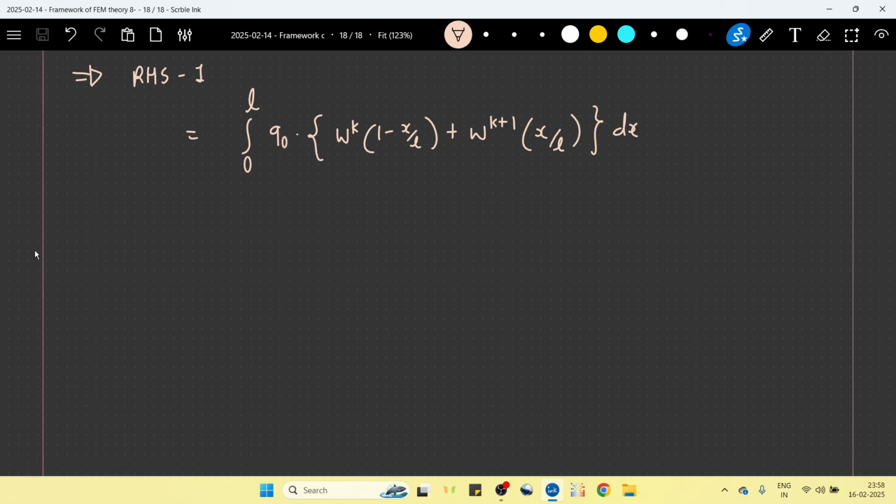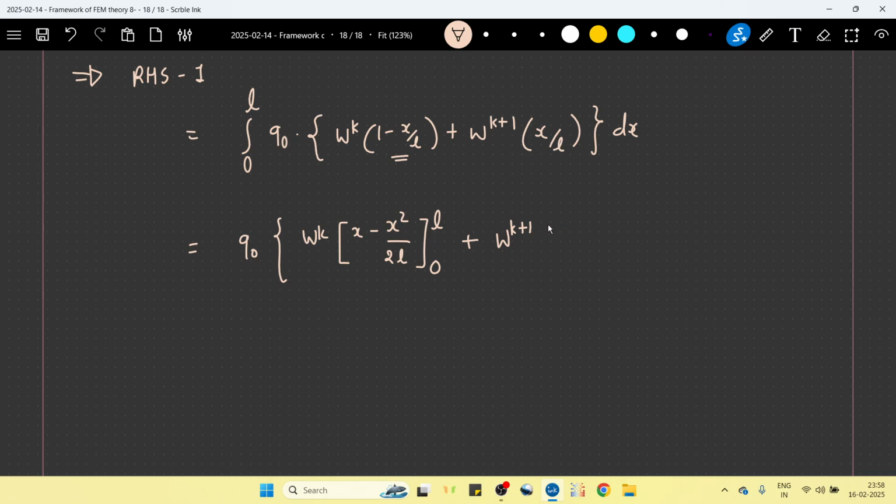Now we will do nothing but integration and put the limits. I will take Q0 outside, so WK, and the integral of this is x minus x square by 2L, from 0 to L, plus WK plus 1.